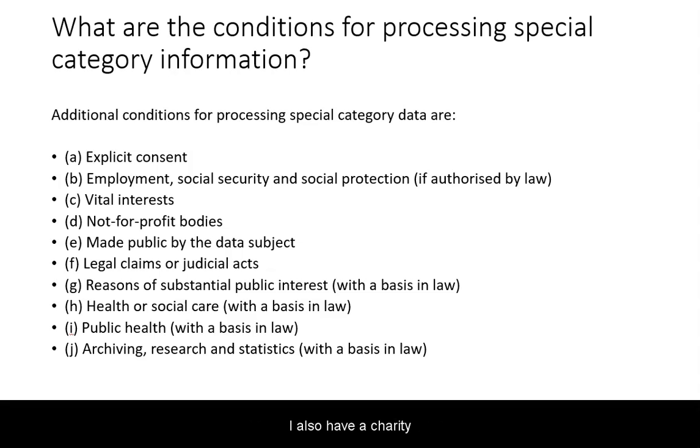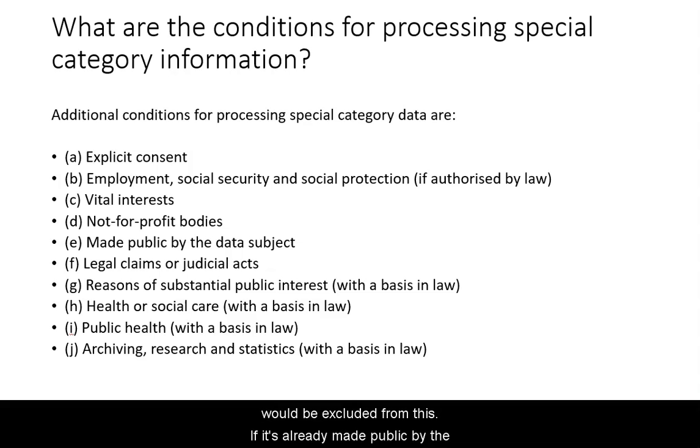I also have a charity that works with this particular debilitating illness. They capture that information as part of providing the services. So not-for-profit bodies often capture the special category information because it's part of the group that they are particularly working with. So part of what they would capture would be excluded from this.